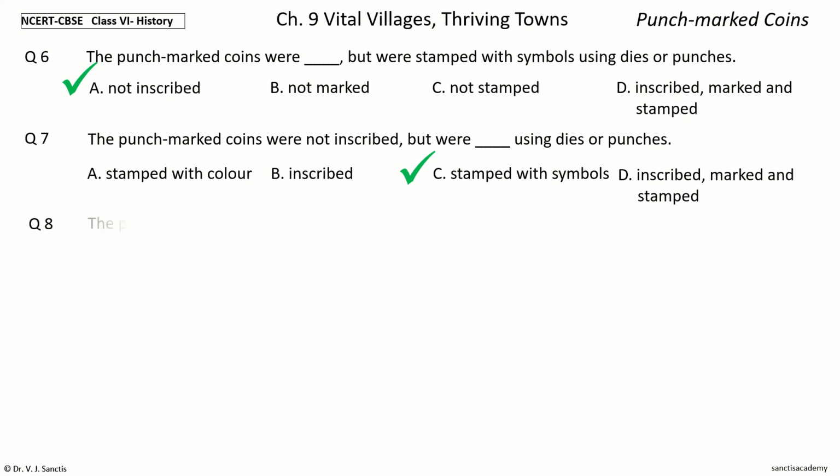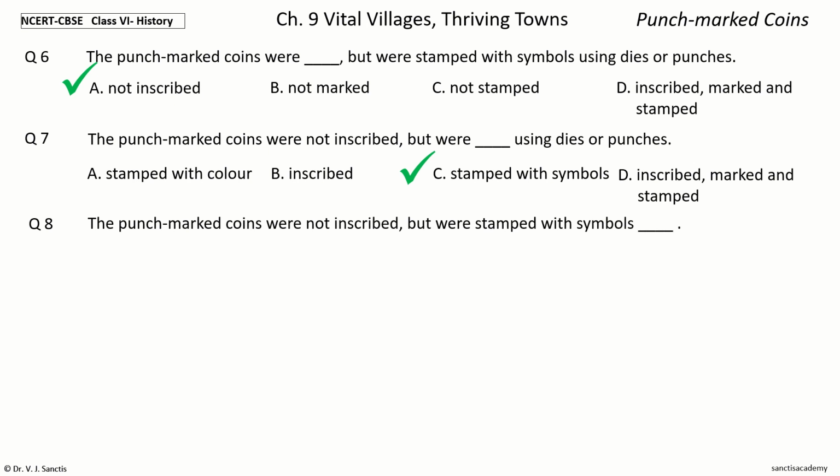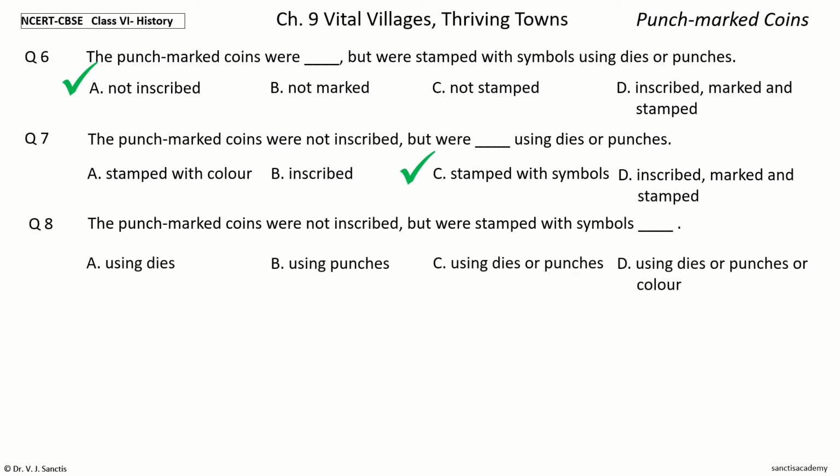Question 8. The punch-marked coins were not inscribed but were stamped with symbols dash. The options are using dies, using punches, using dies or punches, using dies or punches or color.